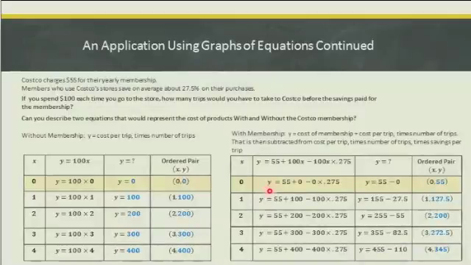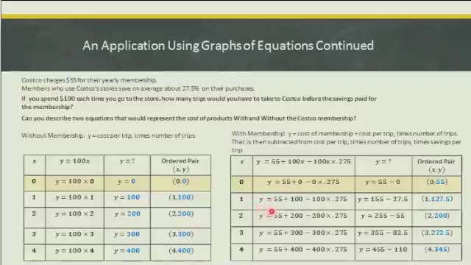If you go 0 times, y equals 55 plus 100 times 0 is 0, minus 100 times 0 is 0, times 0.275. So we end up with y equals 55 minus 0. So even if you go 0 times, you still spend $55. You see that?